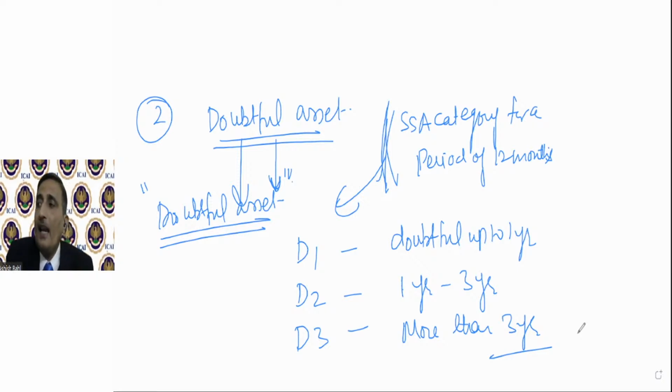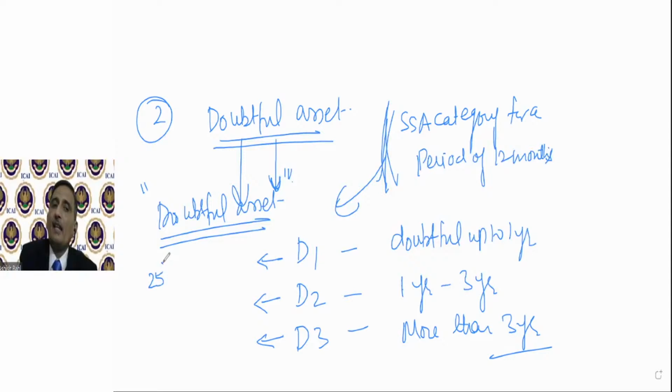Okay, and in case of SSA category, we had learned that provision at the rate of 15% of outstanding balance is to be made. Here provisioning requirement is more. If an asset is classified as doubtful, then here provisioning requirement is more. What is that?